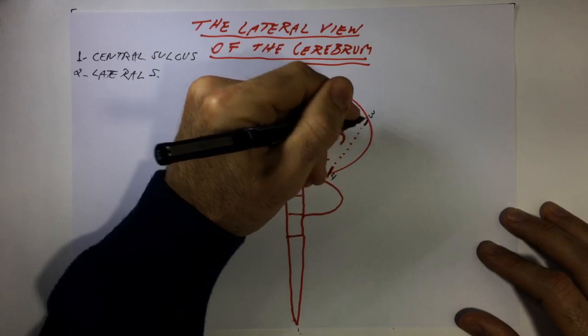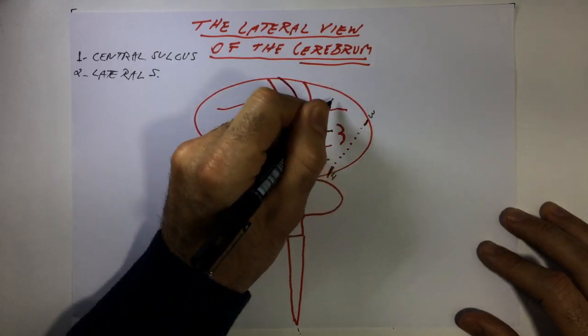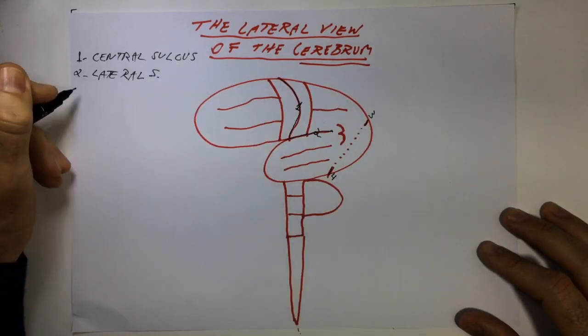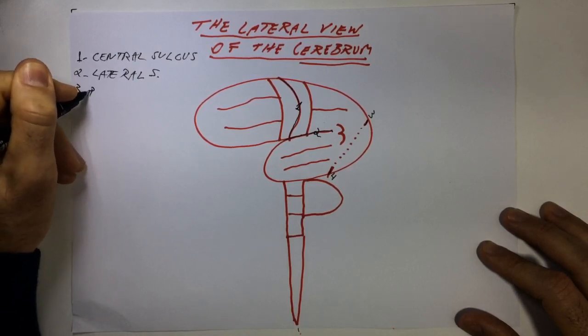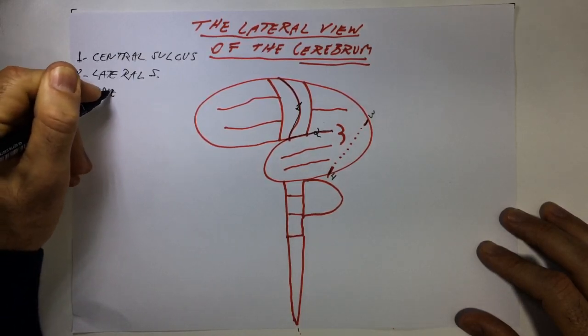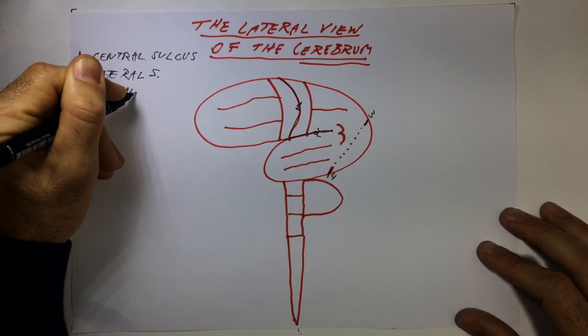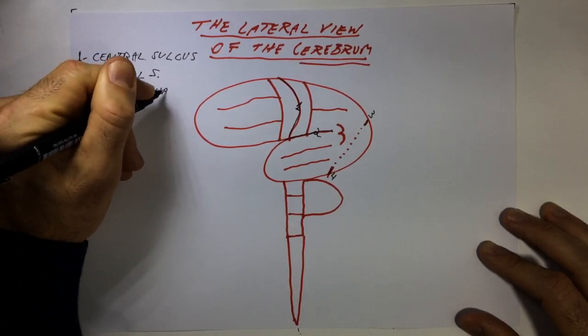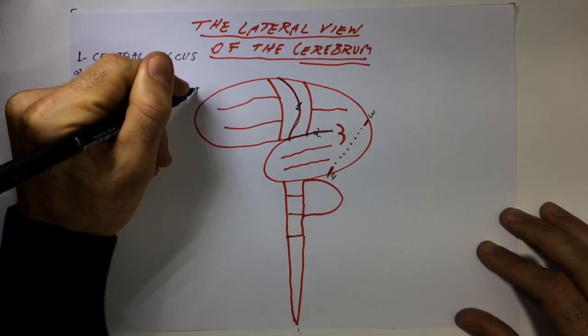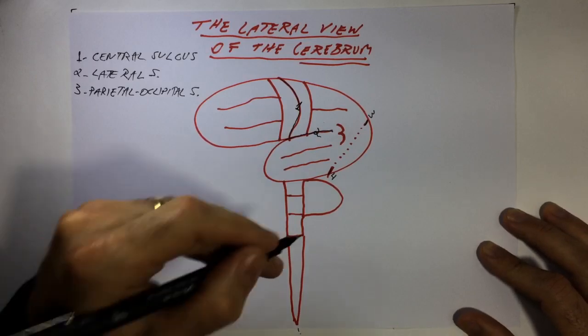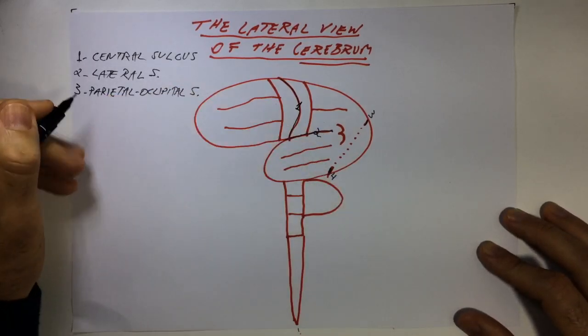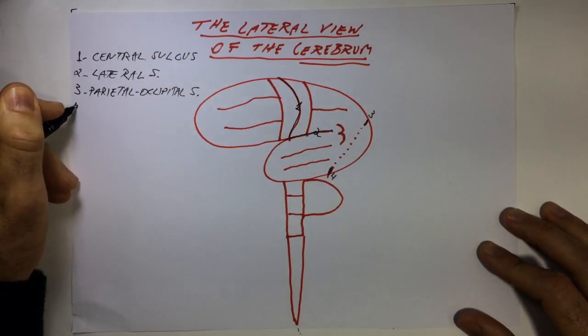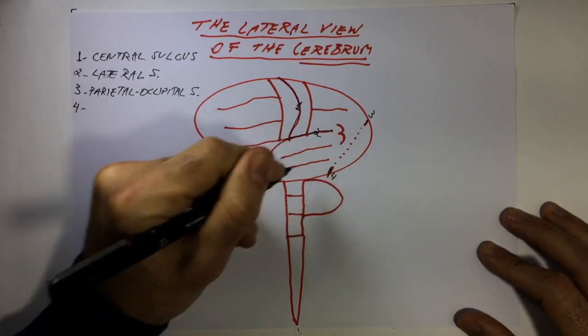This one here, that is the sulcus that divides the parietal lobe and the occipital lobe, is the parietal occipital sulcus. And this one down here is not a sulcus, it's a notch, because it's actually just a little cut.